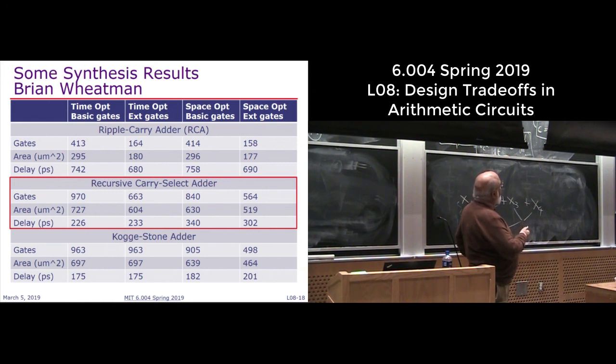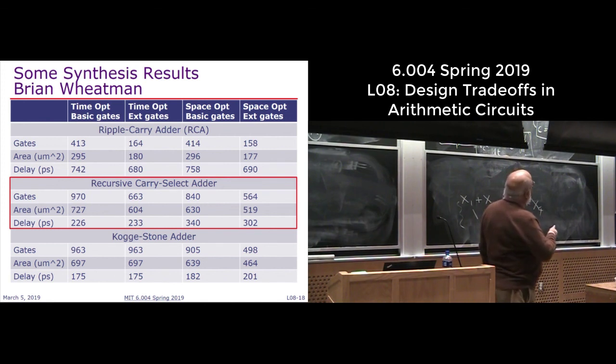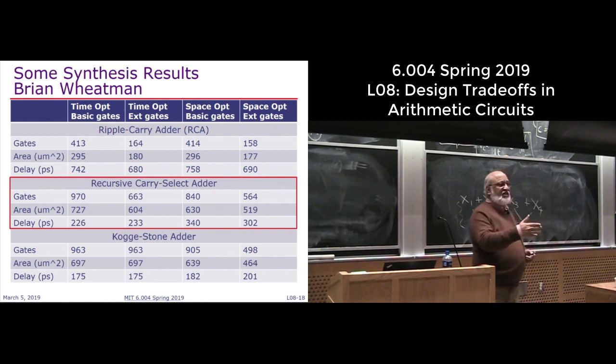This area line is definitely higher than the area line for the ripple carry adder, which is what we expected. We were taking extra hardware, but we just couldn't quantify how much. This is giving you some idea of how much extra hardware is there, right? But this is the good news. Why were we doing all this? Because we wanted to reduce the delay through the adder. Did it drop?